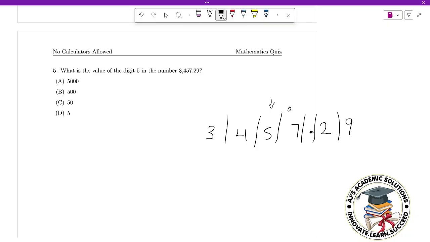So this is 1s, and this is 10s. So this is 5 10s. So again, 5 10s. We want to know the value. So it's in the tens place, yes, but 5 times 10 is equal to 50, making this answer here C.